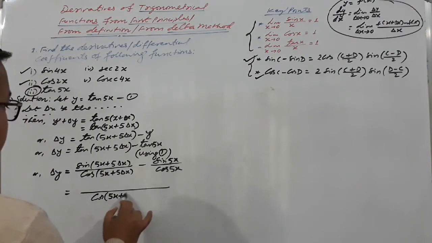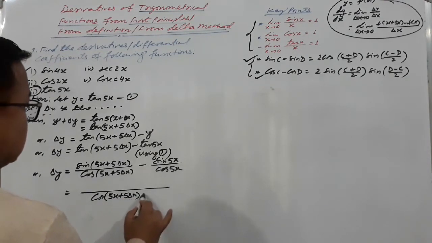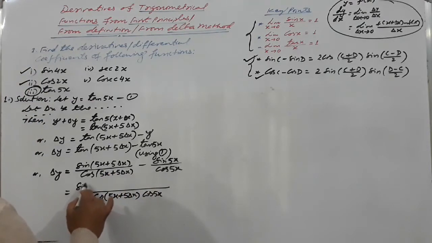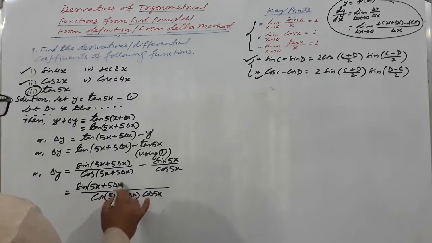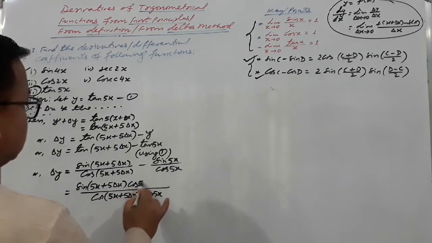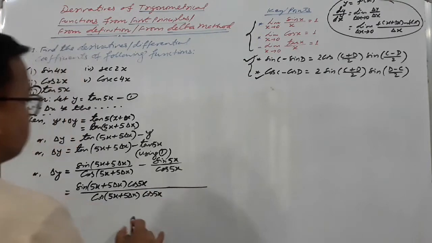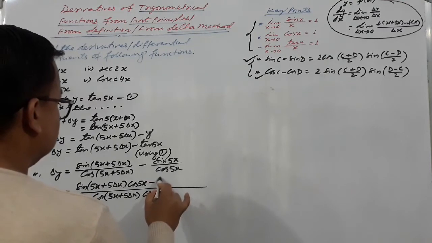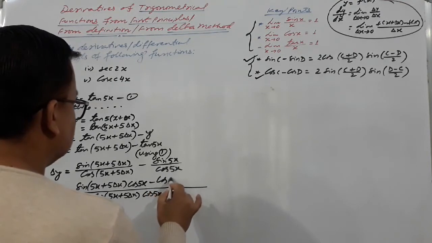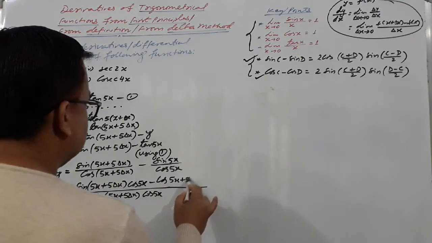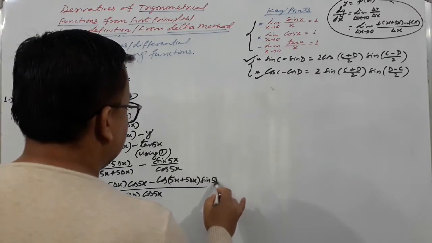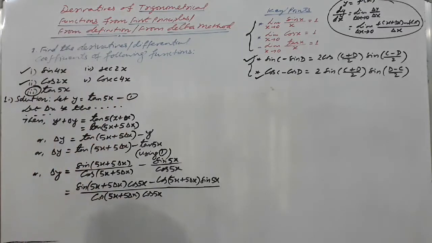Cos of 5x plus 5 delta x times cos 5x in the denominator, and here sine of 5x plus 5 delta x into cos 5x, minus cos of 5x plus 5 delta x into sine of 5x.